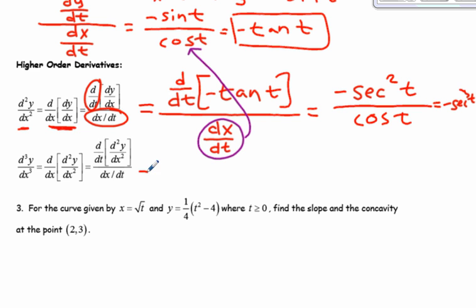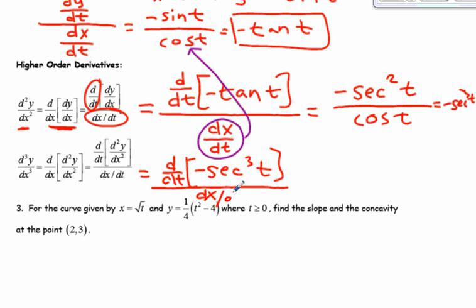Now, good news is every higher order derivative is the same process. You take the derivative of the previous derivative and divide by dx/dt. Okay? So let's take the derivative, with respect to t, of the previous derivative, which was negative secant cubed of t, and then you're going to divide by dx/dt.